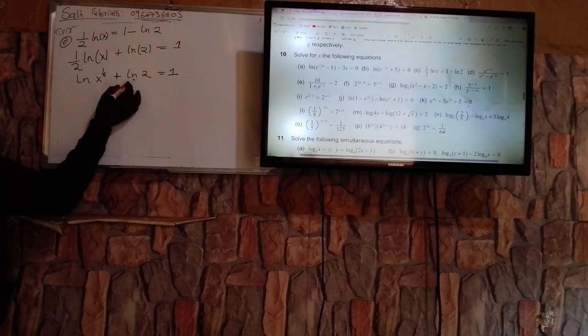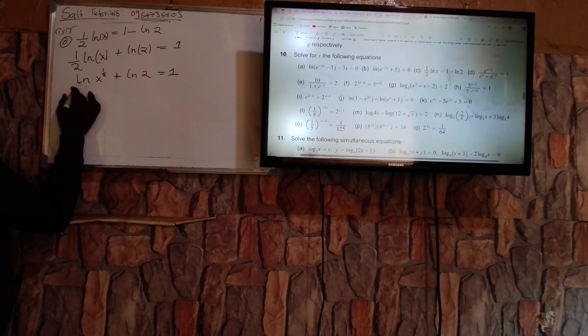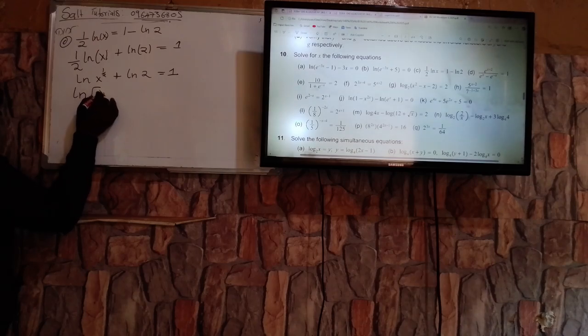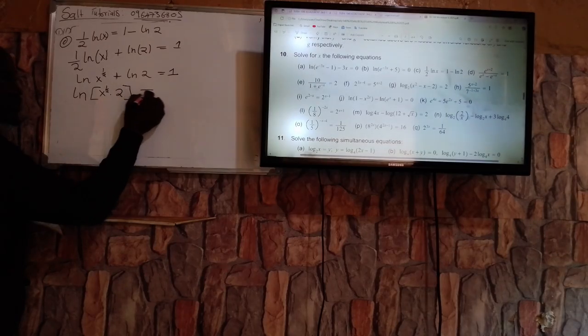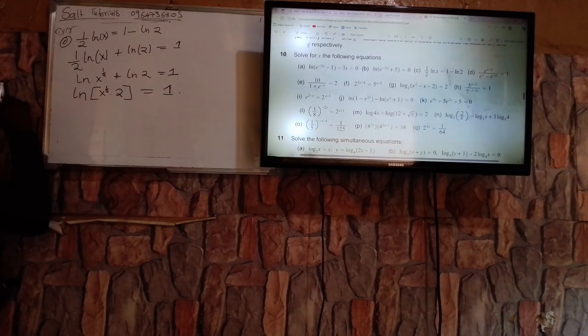The plus here, of the same base, is indicating a multiplication principle, meaning that I can have the natural log of, in the input, x power 1 over 2 multiplied by what? Multiplied by 2. Should be equal to 1.